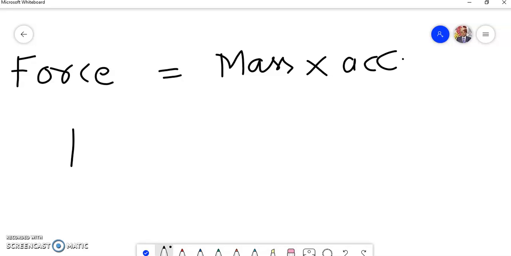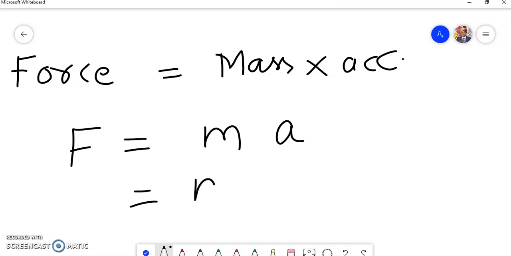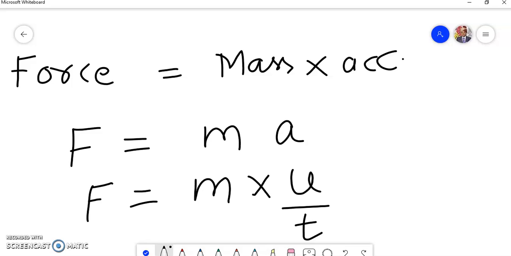That is F is equal to m into a, and you know that acceleration is nothing but rate of change of velocity, that means velocity upon time. This you all know, nothing new I am telling you, because we have known this from class 9th onward.